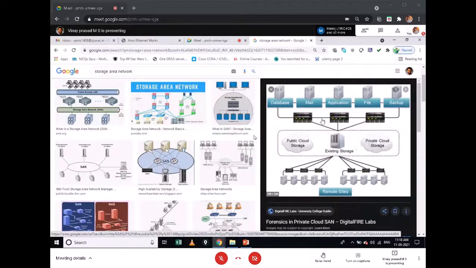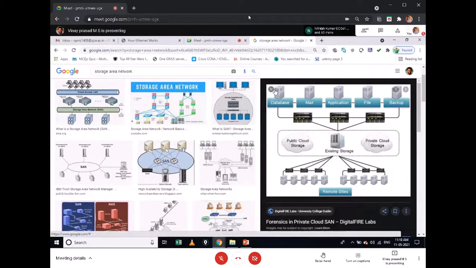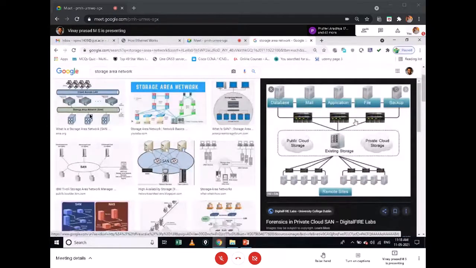What you write on this database, at the back end it will write to this storage. Even this other database would get the same set of data written by this database, isn't it? So it will not be a distributed or independent local storage for each server. Instead, it will be a centralized storage.